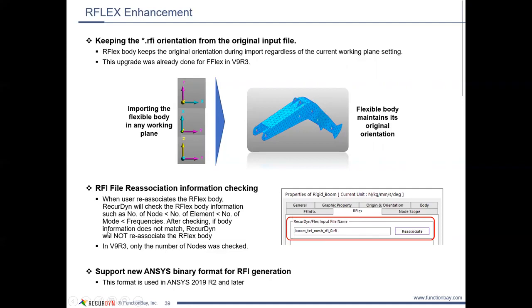So it used to be in the past, only the number of nodes were checked to see if it was valid to use this new file. But now a lot more checking is done. So it's going to check number of nodes as before, but also check number of elements, number of modes, and the frequencies.